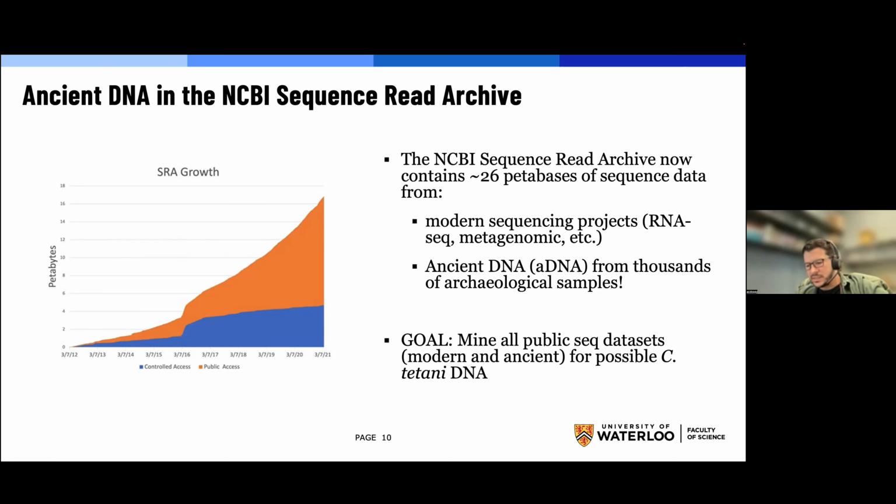We can look in ancient DNA, not necessarily only in a targeted way, looking at specific samples, but we can do bioinformatic screens to see if we can find DNA that is related to organisms of interest as a survey across many different ancient DNA data sets and also modern data sets as well.